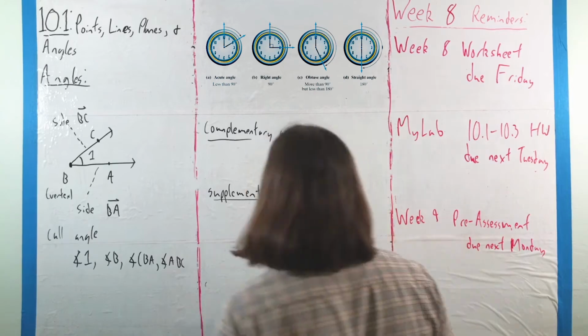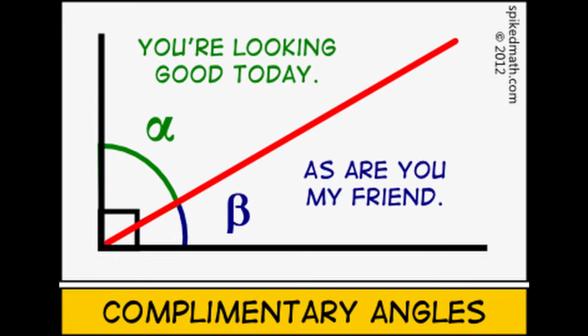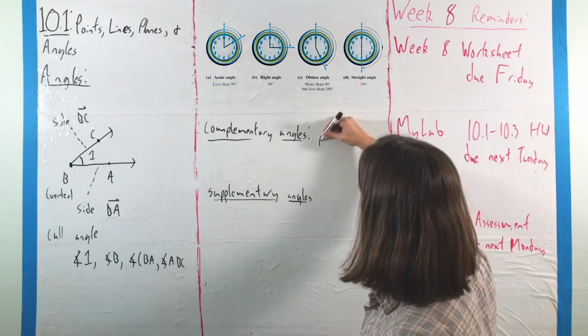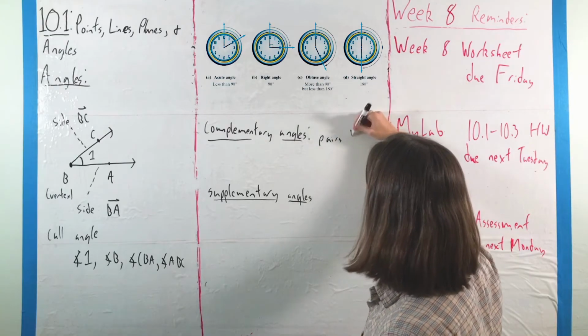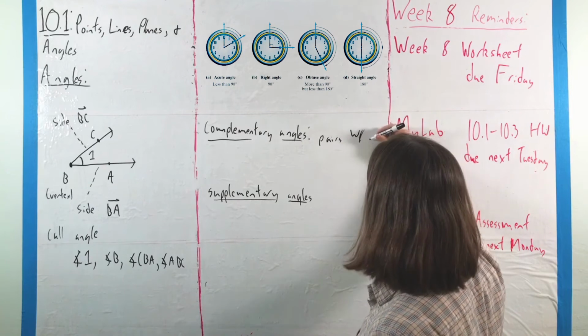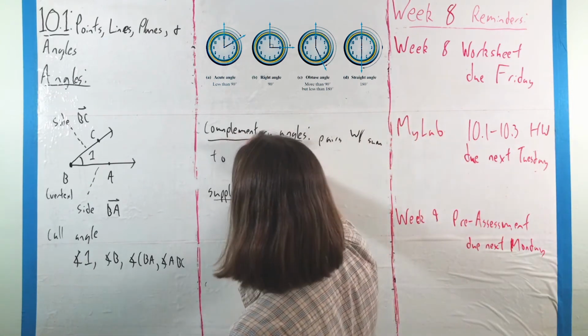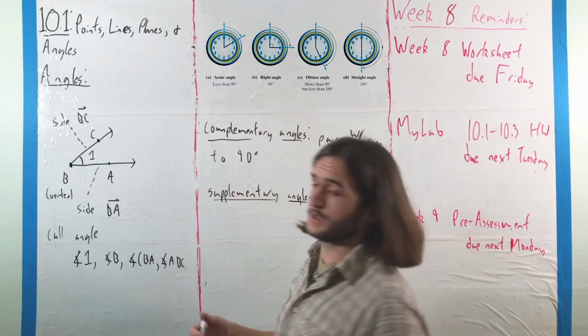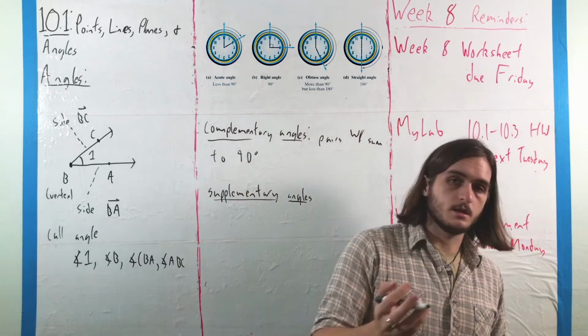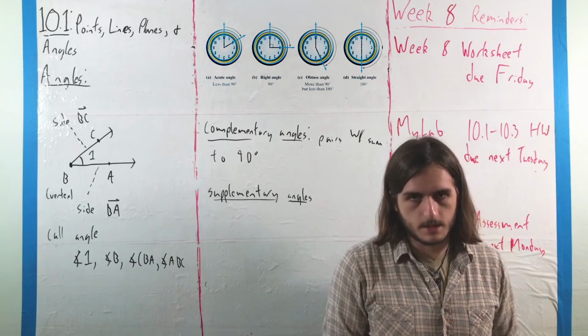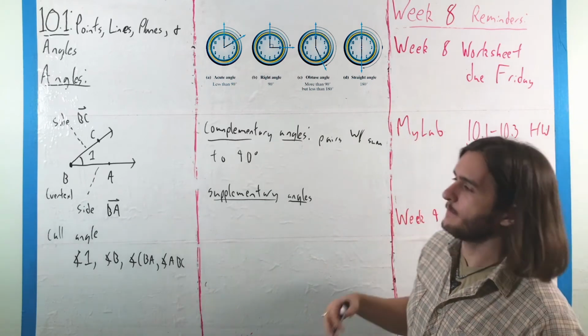Here, for complementary angles, what we are looking at are pairs of angles whose measures add up to 90 degrees. So angles like 30 and 60 degrees. Those would be complementary angles.